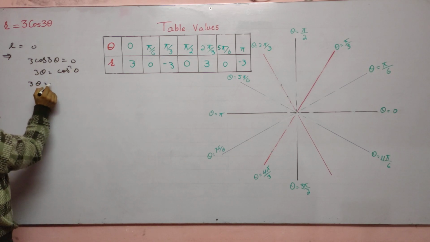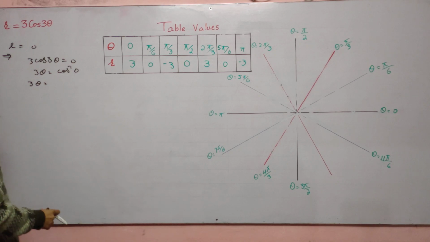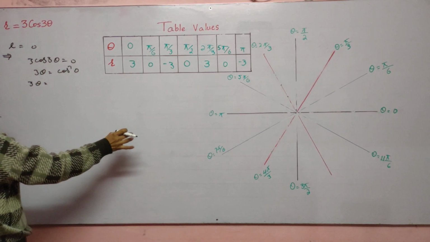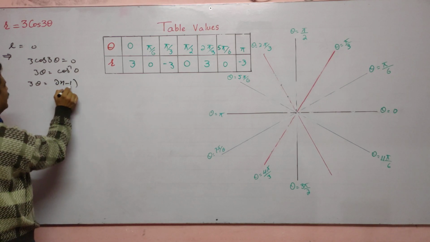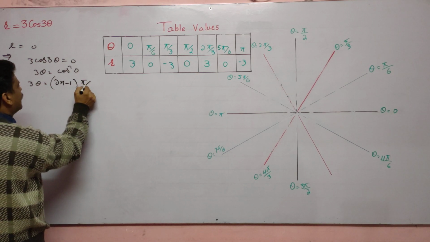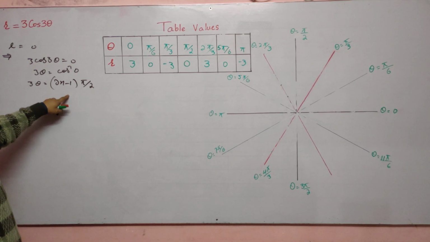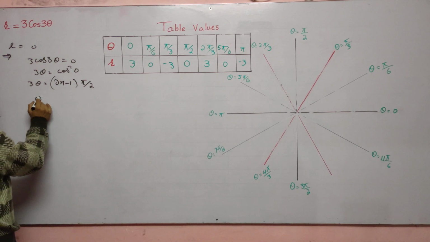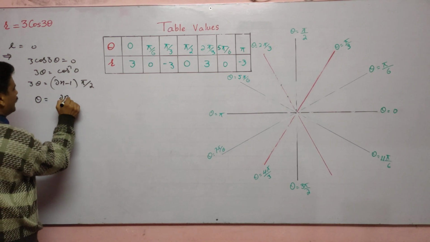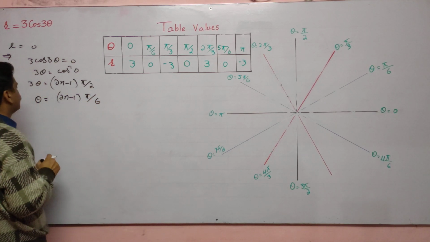Cosine is 0 for odd multiples of π/2, so we write (2n − 1)π/2. For all these angles, the value of cosine is 0. And θ will be equal to (2n − 1)π/6.